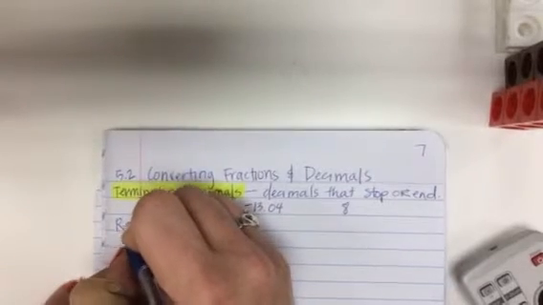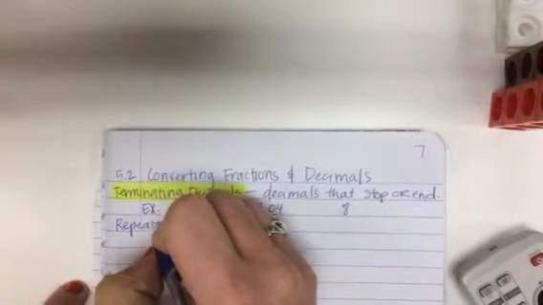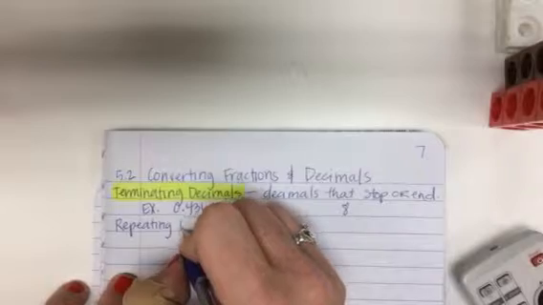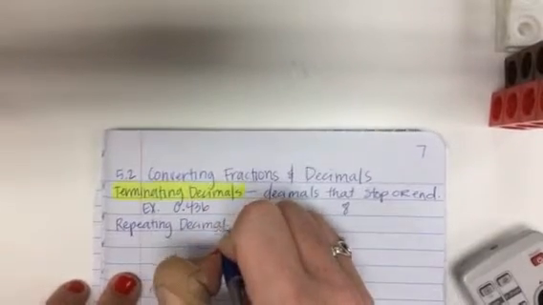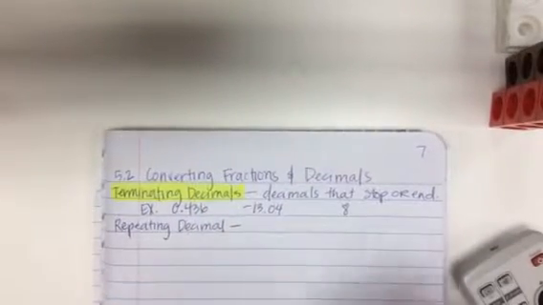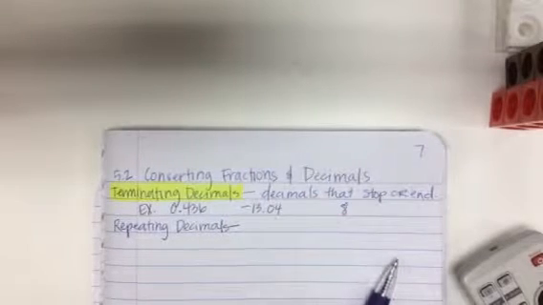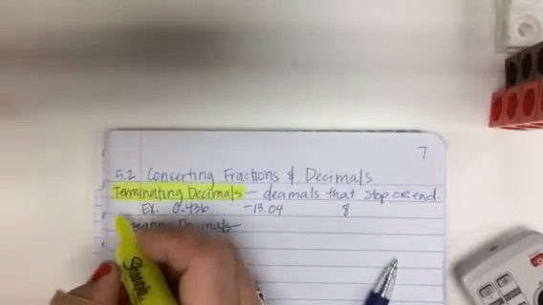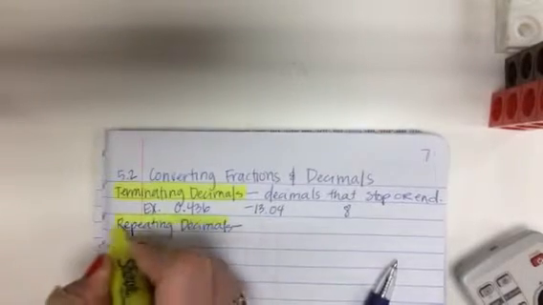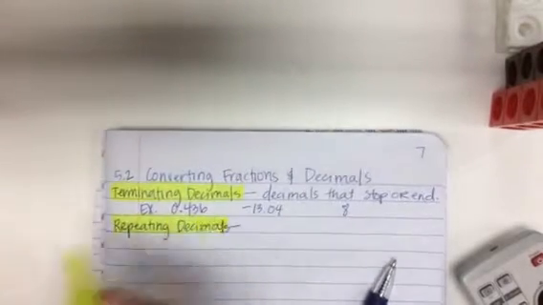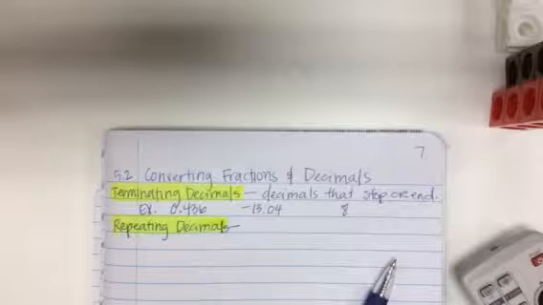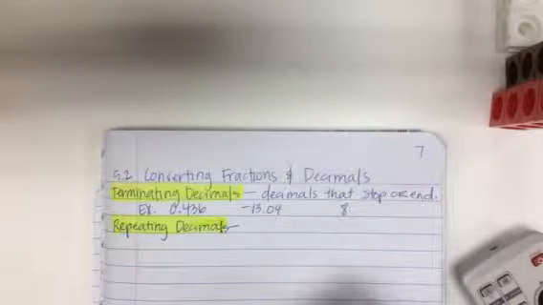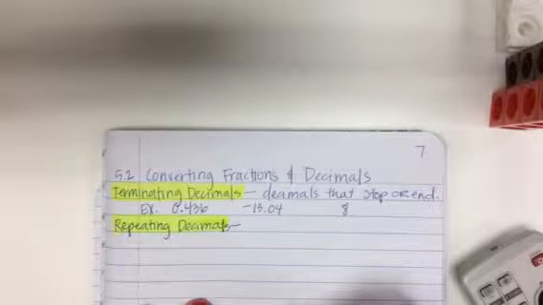And the other type of decimal that we talked about is a repeating decimal. What about repeating decimals? What do you know? Tanner? They never end. And what about them never ends? There's something special that they never end.